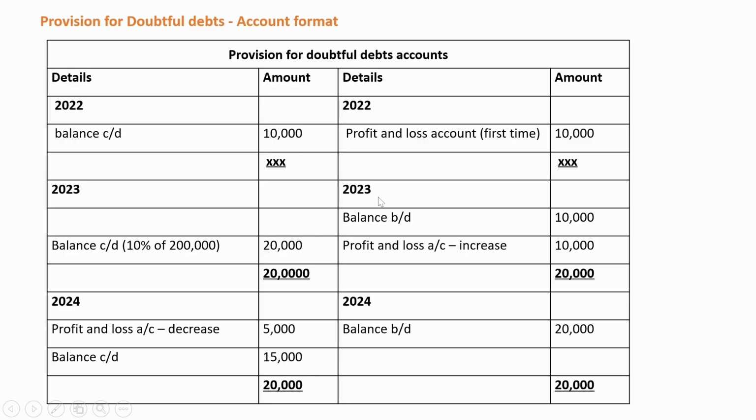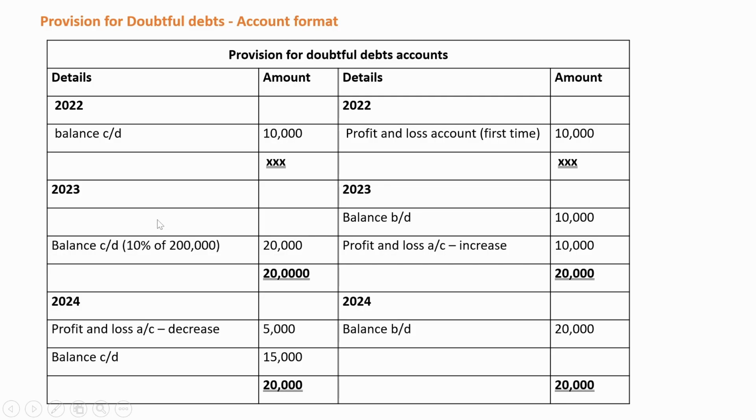So in the next year, start with the balance from the previous year, bring this 10,000 from 2022 to be your balance brought down for 2023, 10,000. Then forget about the profit and loss account here. So I said that is supposed to be the last thing you record because it is your balancing figure.